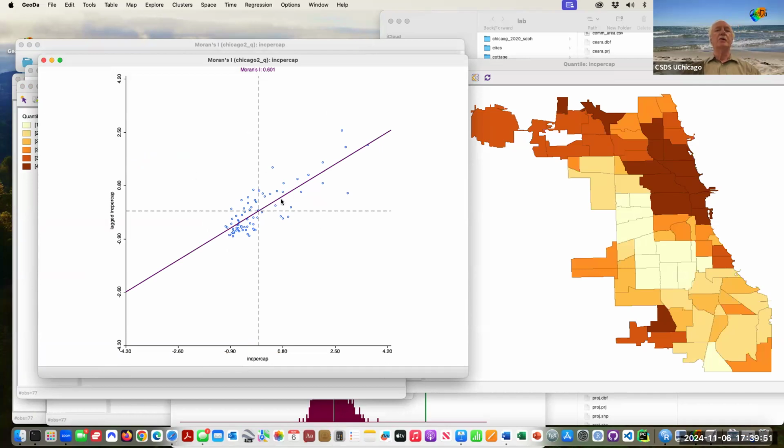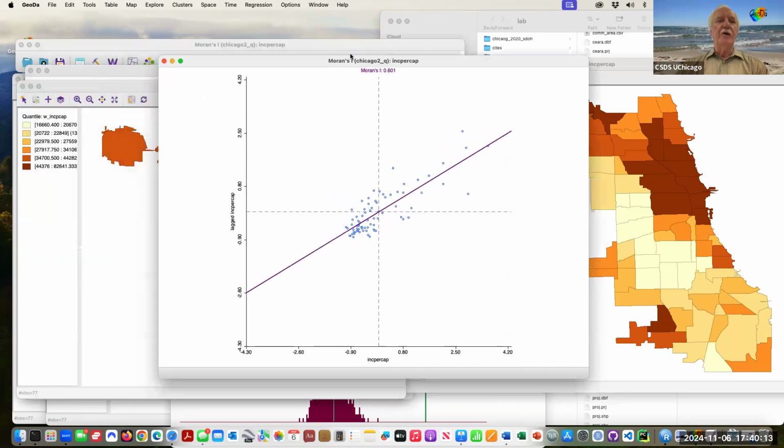Spatial outliers, spatial clusters. So you can separate them out. Next week, remember, I don't say anything about significant. Next week, we will move from this to actual significant clusters and significant spatial outliers.